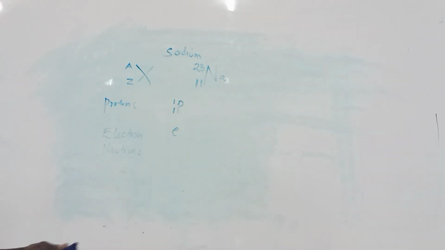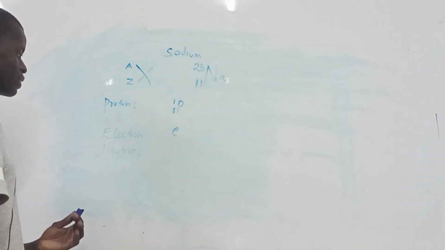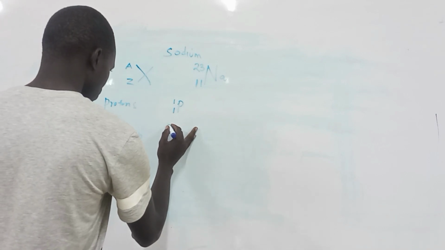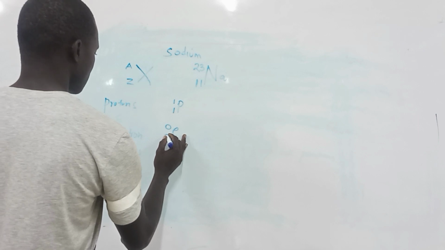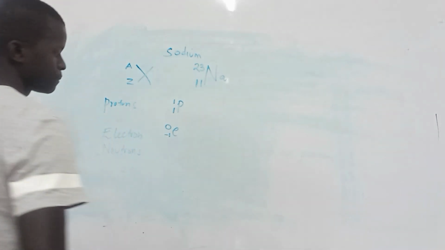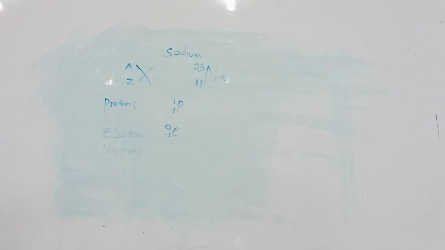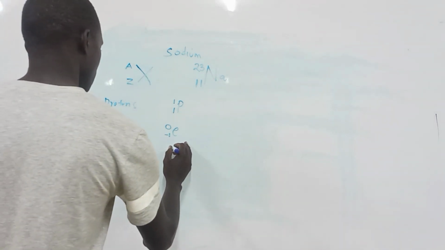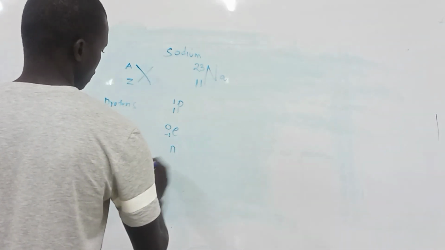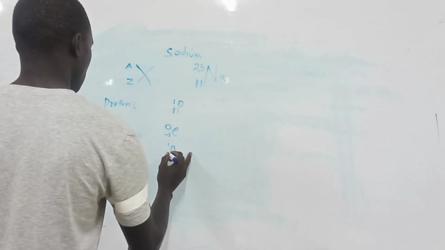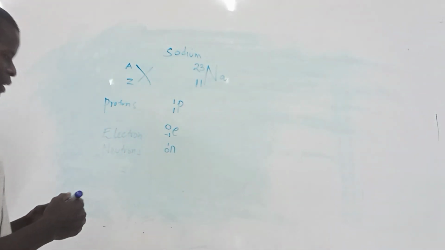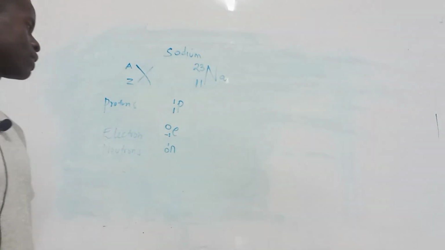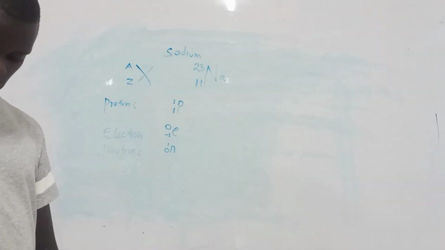It has a mass of 1 over 1840, so we negate it to be 0. It has a negative charge, that is negative 1. Then the neutron has a mass of 1 and no charge.